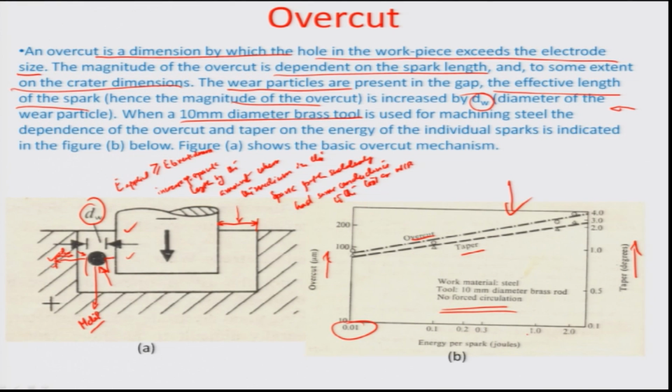So, electrodes really play a very important role in EDM operation, and therefore we also need to look at some of the wear related characteristics of the tool electrode, because that may determine the ultimate shape and size that you want to die sink on the surface being machined.